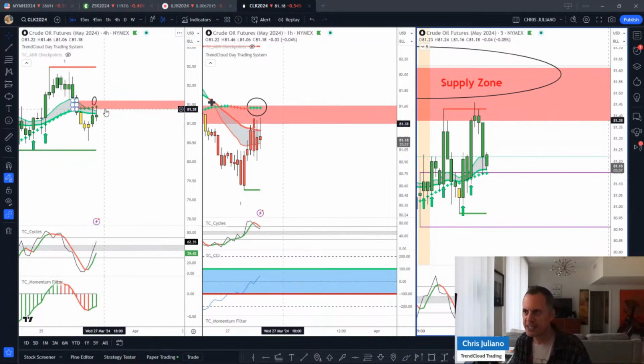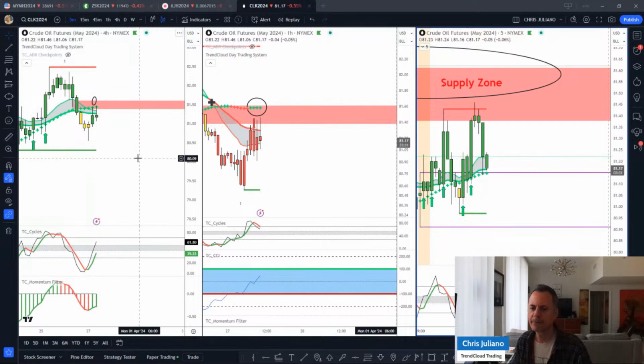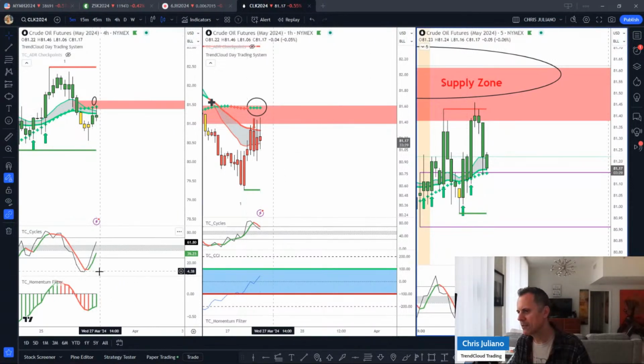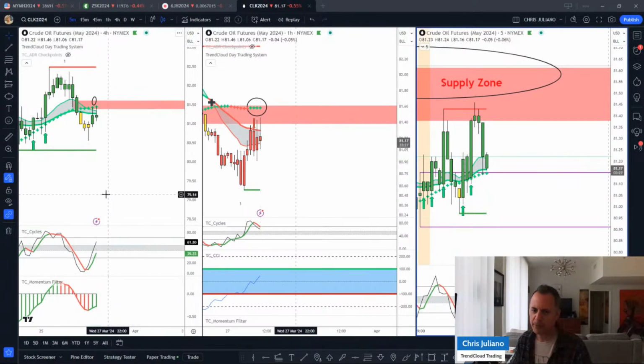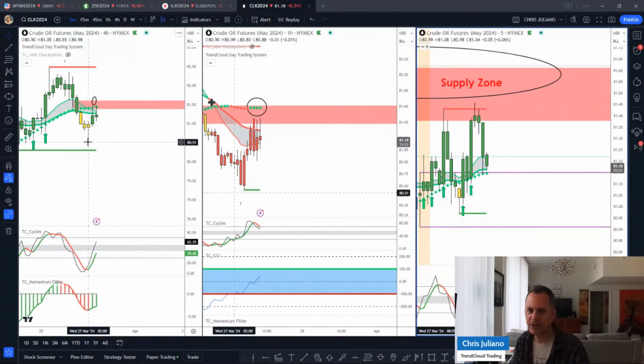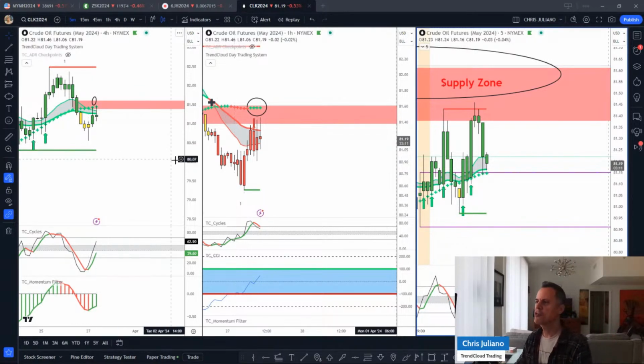So all of this becomes resistance, and that's what we're seeing, isn't it? Cycling up, momentum is still up, and that's where all this fighting is taking place, right? We don't know who's going to win the fight yet, but we can see it happening step by step on the chart.